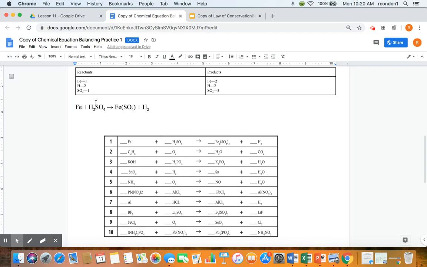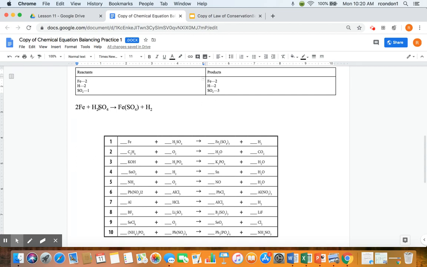So the first thing I see I can fix is by putting 2 irons right here. And if I put 2 Fe here, I have to change that. Boom. Now, still not the same because you have 2 and 2, so the H is good. But then the SO4 is 1 and 3. So we need 3 SO4s on this side.